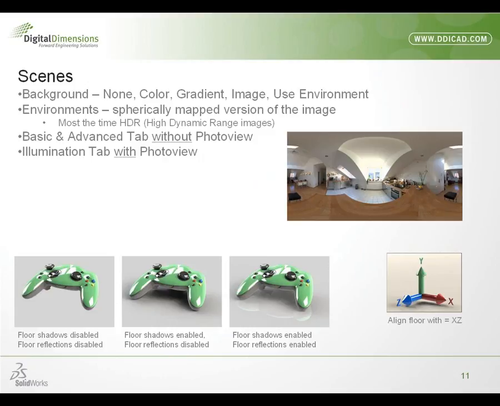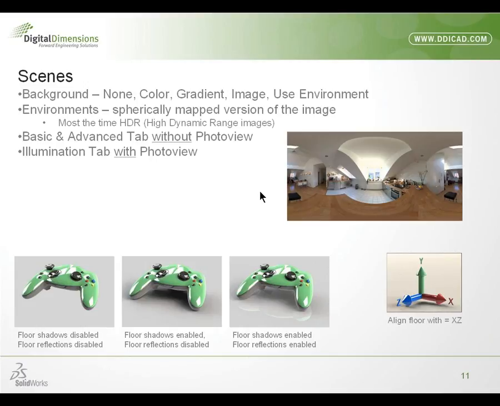Alright, so scenes. Background. There's different stages: no background color, solid color, gradient background, image. So if you wanted to bring in a solid image background, you could do that also. You could also use the environment for the background as well. The environment itself is the spherical map of the HDR file. So this is actually a flat view of that kitchen scene.